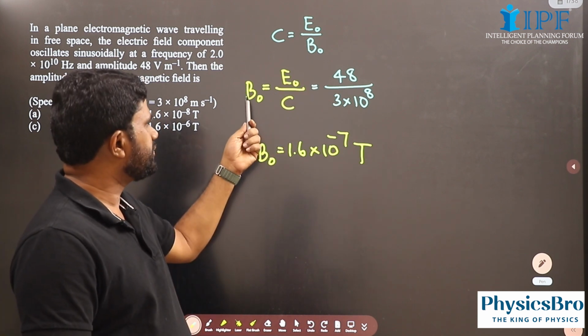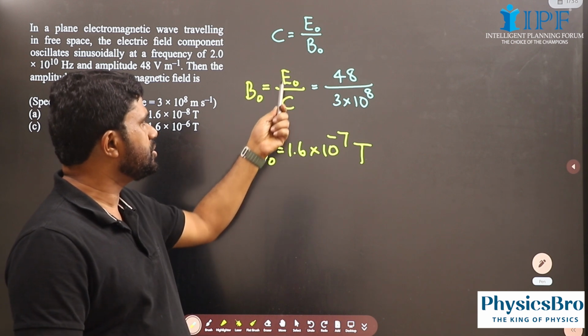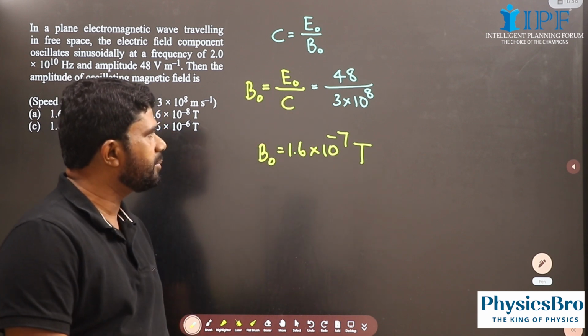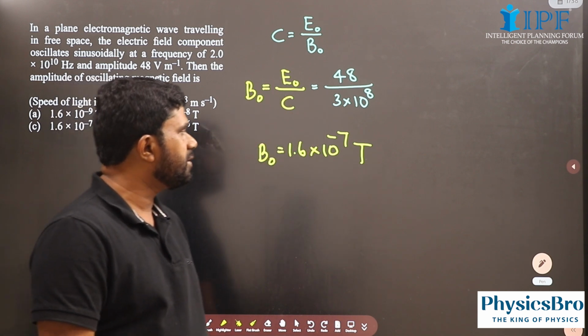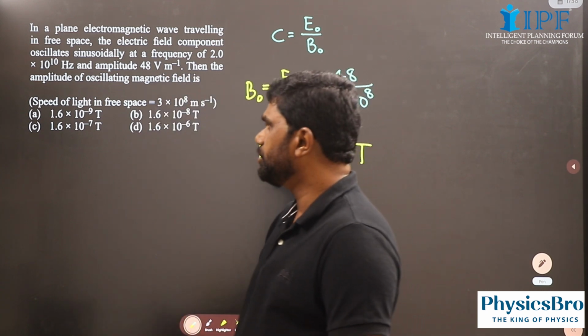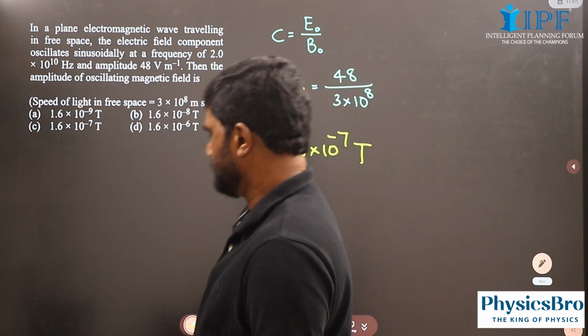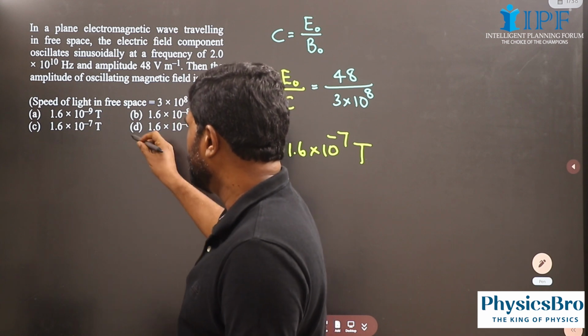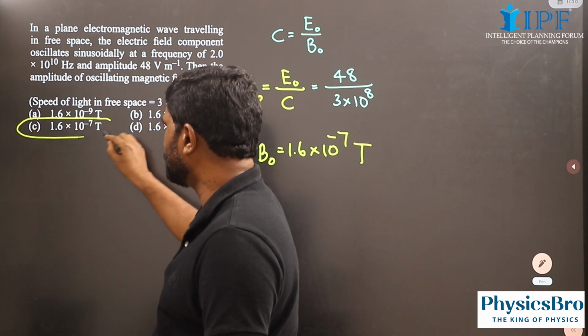So the amplitude of the magnetic field intensity will be E0 by C, that is 48 divided by 3 × 10^8. So it will be 16 × 10^-8, or 1.6 × 10^-7. So this must be the correct option.